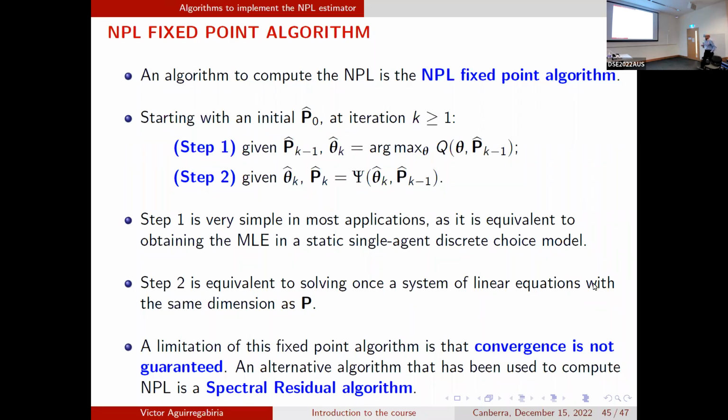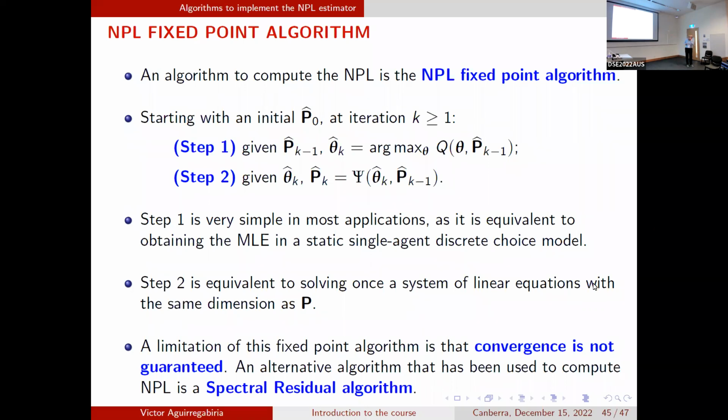Then instead of using a fixed point algorithm, basically our NPL algorithm is a fixed point algorithm. We are finding the fixed point of a particular operator. Notice that from choice probabilities in one iteration of the NPL algorithm, we go to choice probabilities.